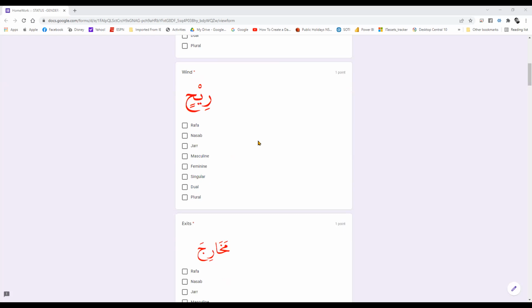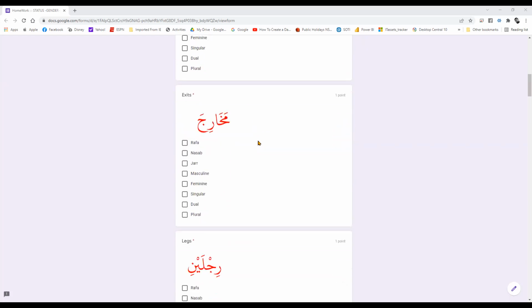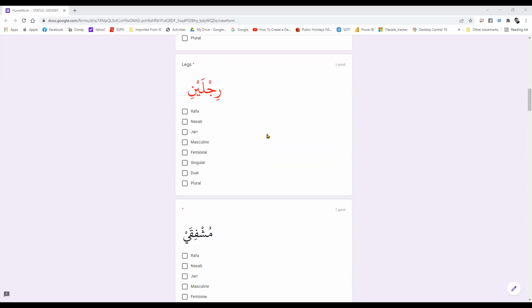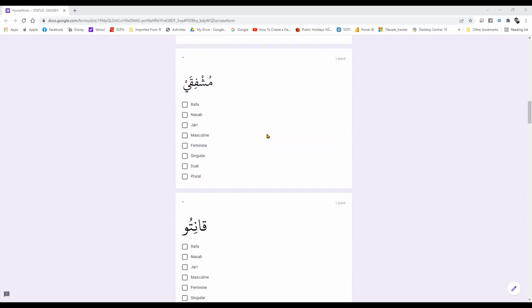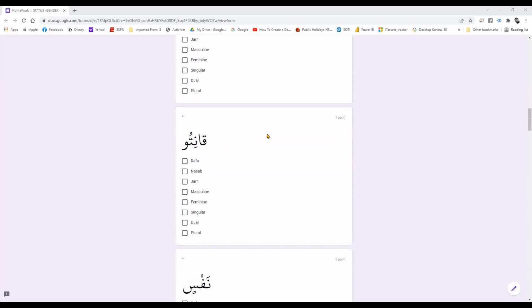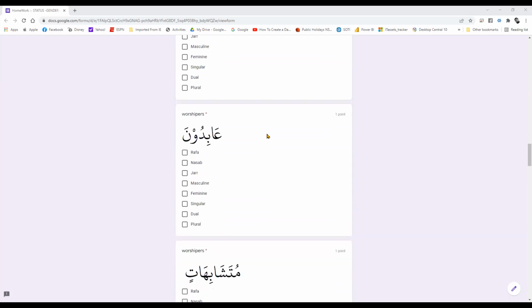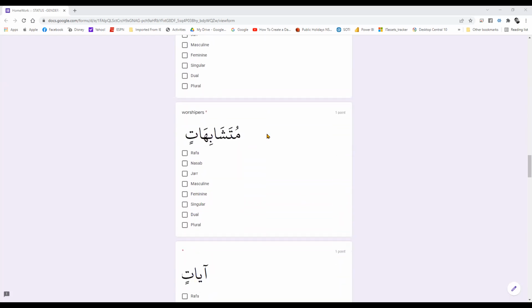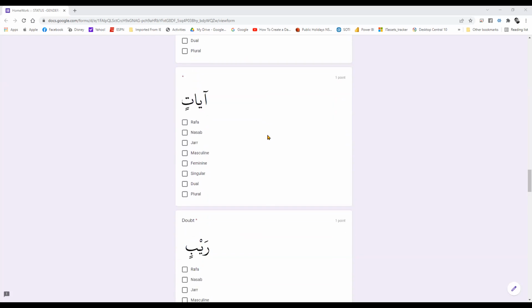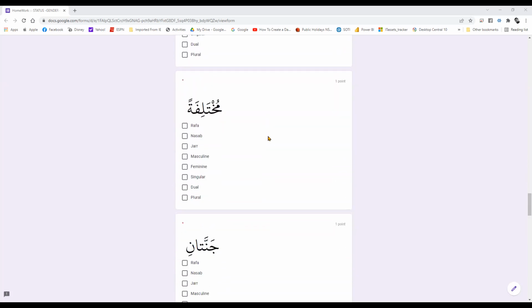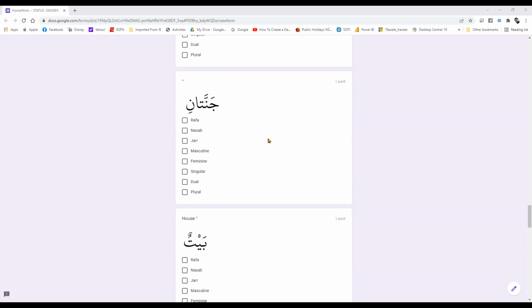Rihin means wind, it is also there. Makharija means exits. Few of them don't have meaning, and you don't need the meaning to answer it. That's why I didn't give the meaning.